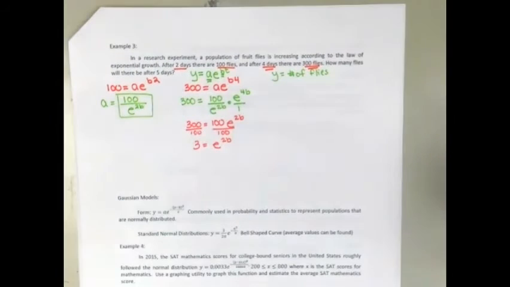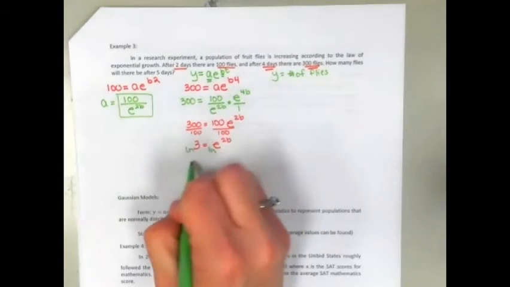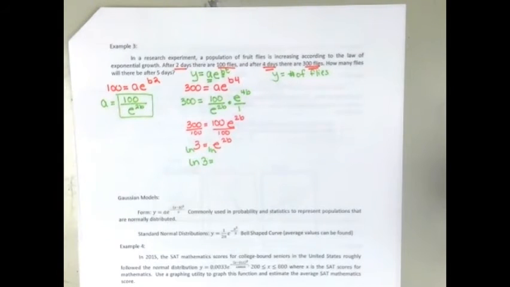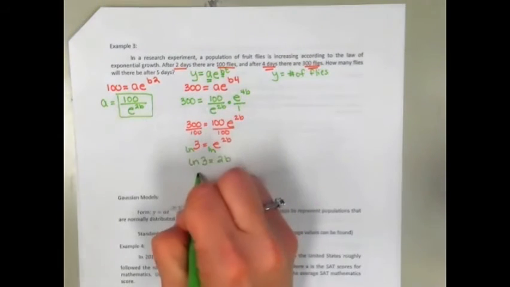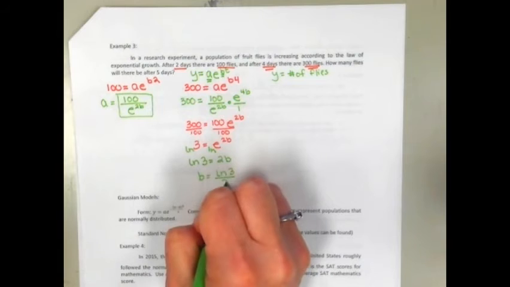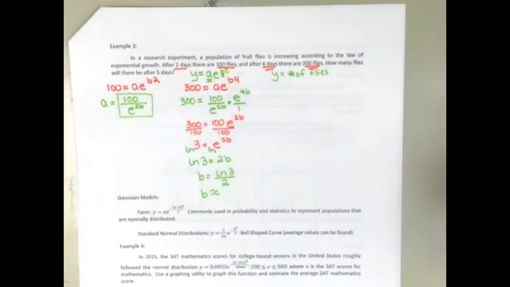And now, how do we get rid of the e? Take the ln. So we have the ln of 3 equals what? 2B. And how do we solve for B? Divide by 2. So B equals the ln of 3 over 2, which is approximately what?